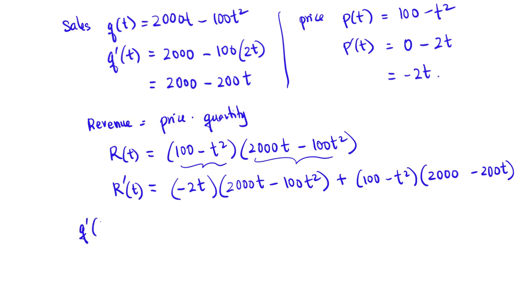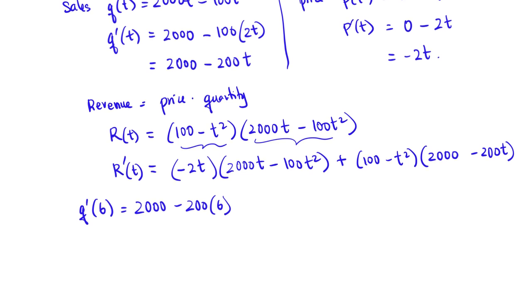Q prime of 6 is 2000 minus 200 times 6. Again, we simply plug in 6 where T is, substituted. P prime of 6 is minus 2 times 6, using the equation for P prime.